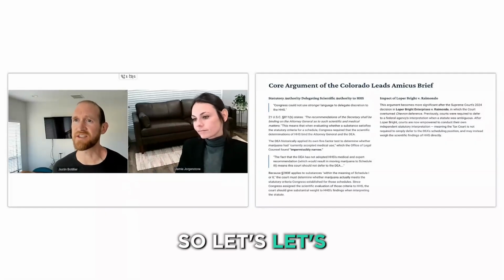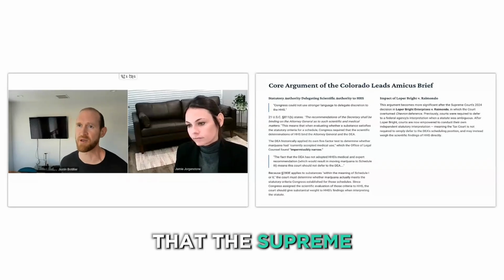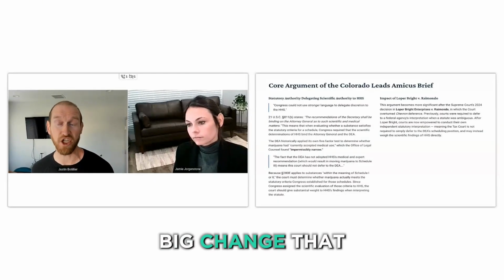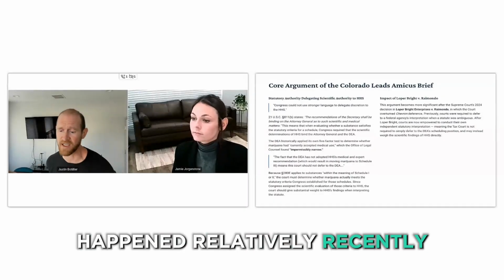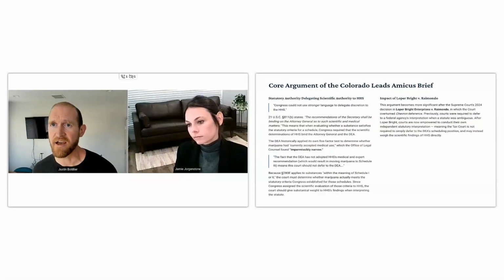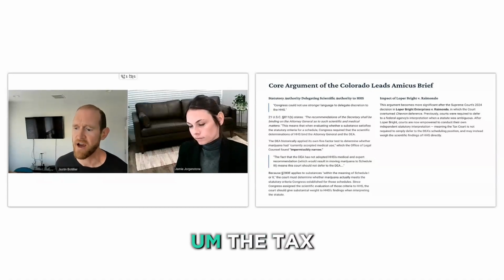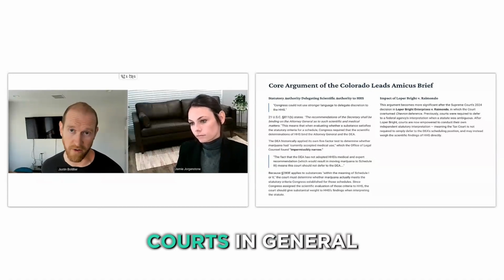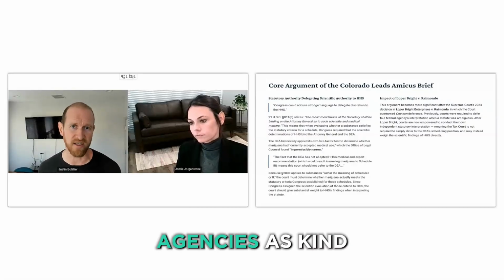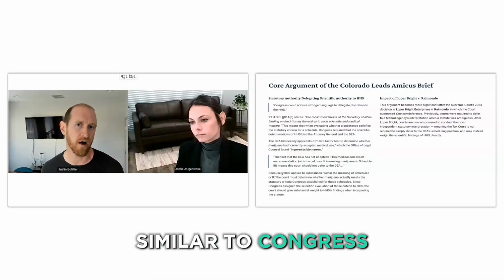Let's touch back on Loper Bright Enterprises versus Raimondo, the Supreme Court case that overturned Chevron deference, because that's a big change that happened relatively recently in terms of who is the authority. Back in the day, the federal agencies kind of had the run of the place, in that the federal courts looked to the agencies as governing bodies similar to Congress.